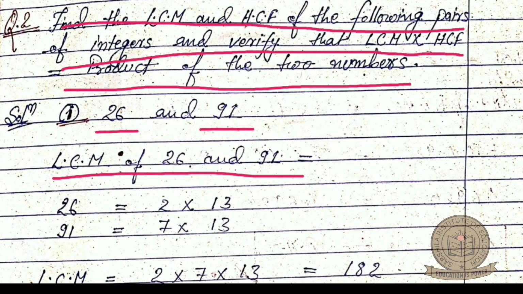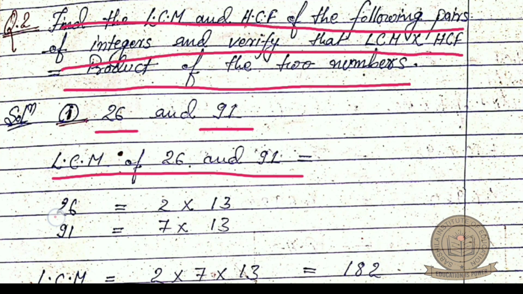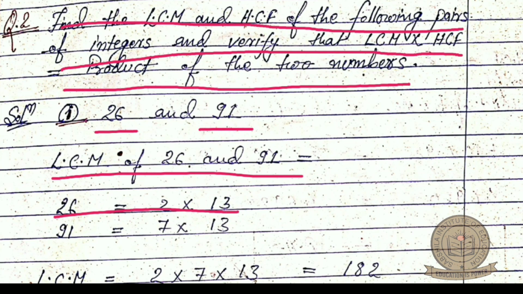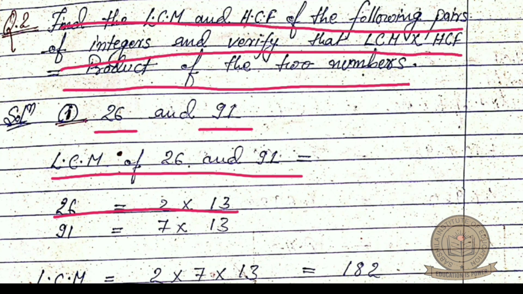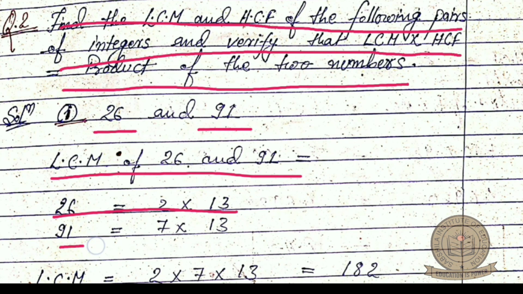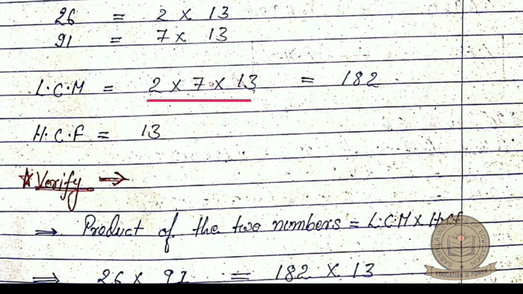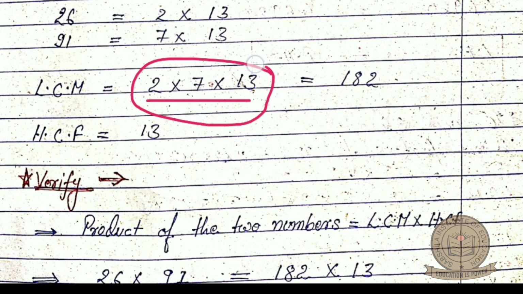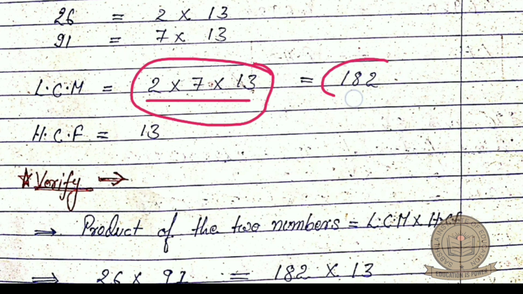The prime factorization of 26 is 2 into 13, and the prime factorization of 91 is 7 into 13. Then the LCM will be 2 into 7 into 13. If you multiply 2 into 7 into 13, then you will get 182.